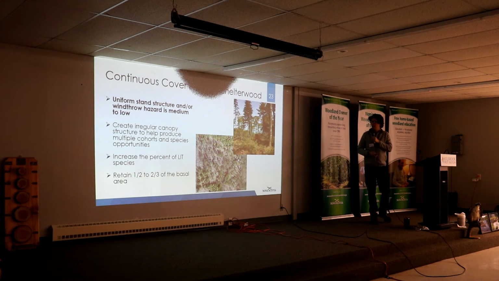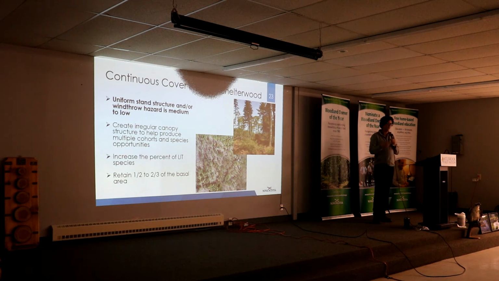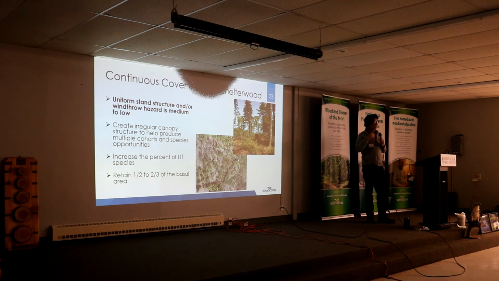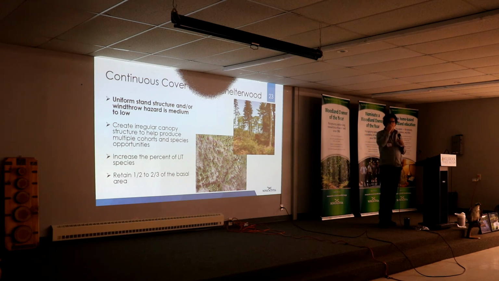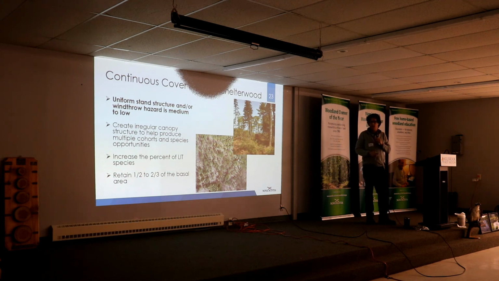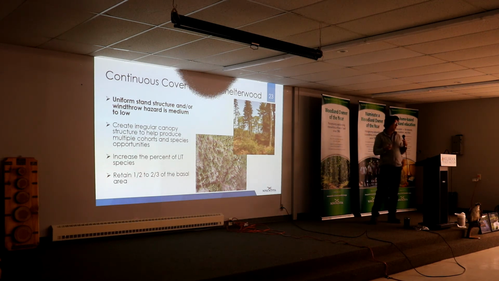These are all part of the irregular shelterwood, and we have, I guess you could say, 4 versions in 2 different categories. The medium and high retention irregular shelterwood: you're going to retain more when you're somewhere that has a lot more of those long-lived species, and it's in an ecosystem type that has less severe disturbance regimes. So you would retain 2/3 of the basal area, and then in the more moderate disturbance areas, you'd go to a 50% retention.